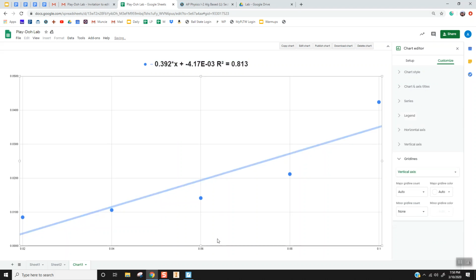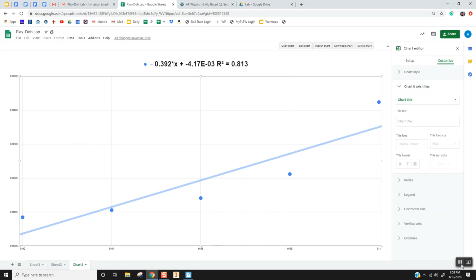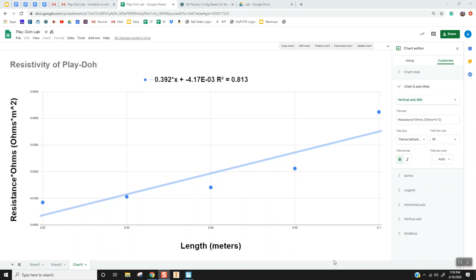Alrighty, so here's what I can see from the trend line of my data. Let's go ahead and quickly throw in some chart titles. I'm going to hit pause in the video and clean up this graph a little bit. And alrighty, now I'm going to clean that up a little bit. What can I see? I can see that on my y-axis, I have my title, which is resistance times my cross-sectional area.